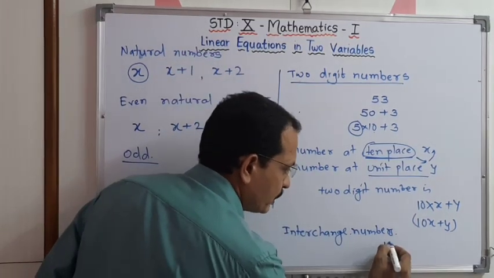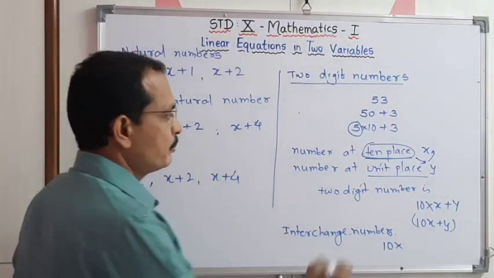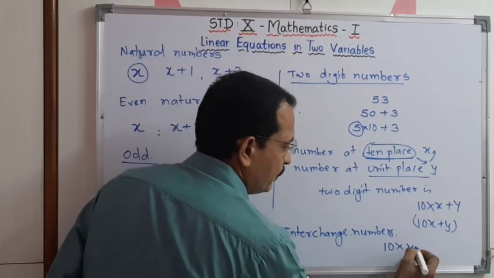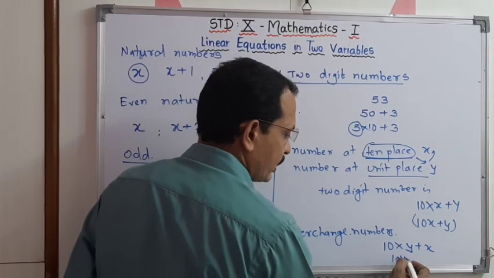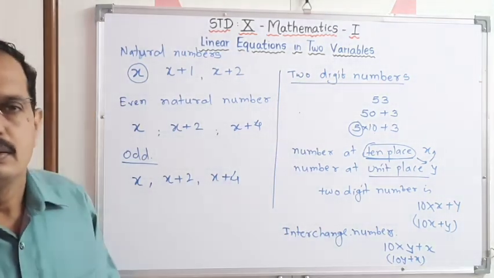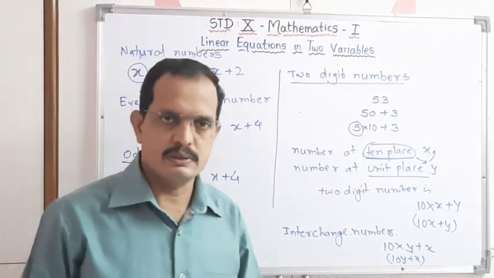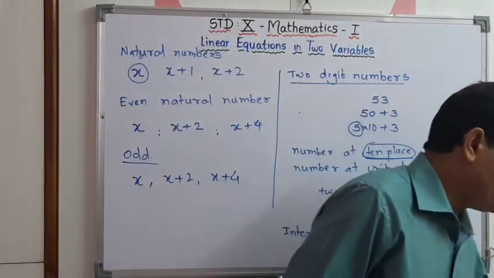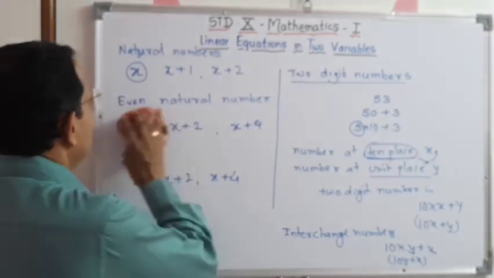Therefore, the number will become 10 into the digit at the tens place, y, plus the digit at the unit place, x. Therefore, it is 10y plus x. This is about 2-digit numbers. Now, there are some questions regarding the ages of persons.